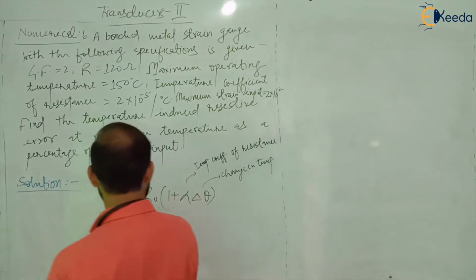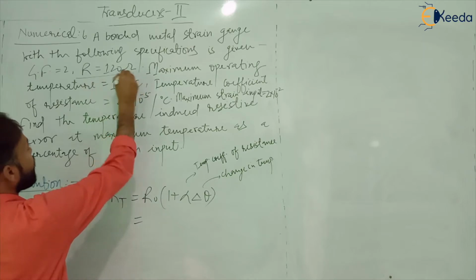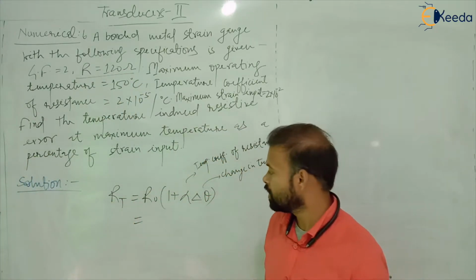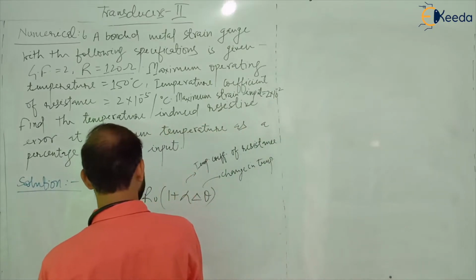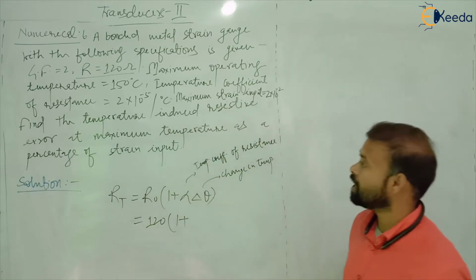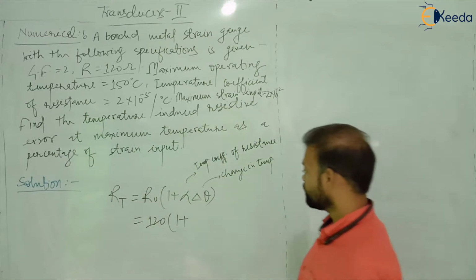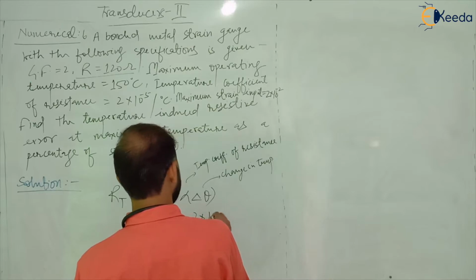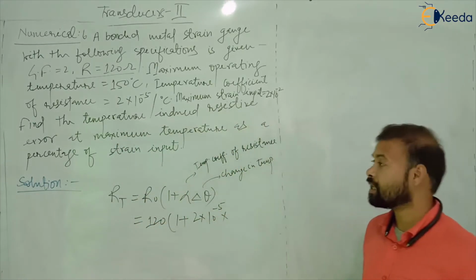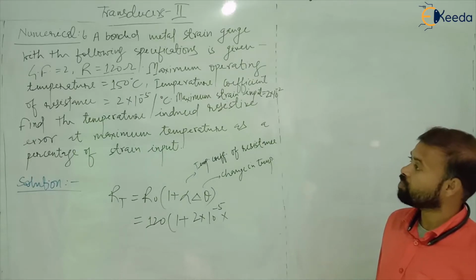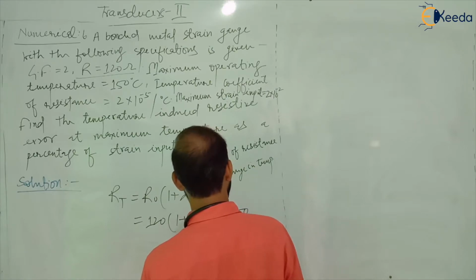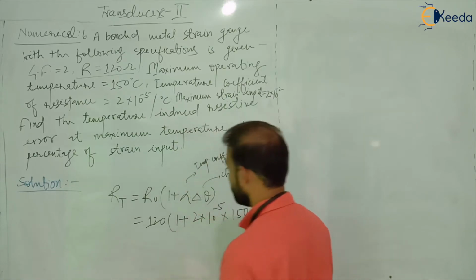So R naught here is 120 ohm. R naught means initial resistance of the strain gauge is 120 ohm, right? So 120 into 1 plus alpha, given as 2 into 10 to the power minus 5, and delta theta is 150 degree centigrade.